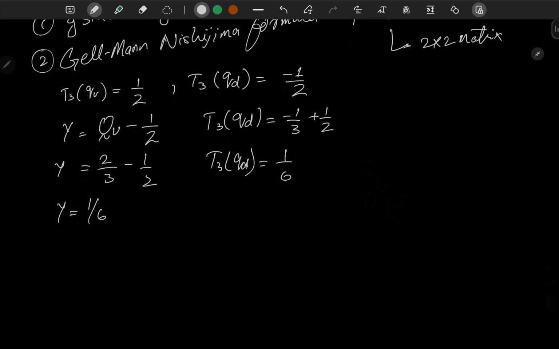So we can see that up and down state quarks have the same hypercharge, and we can also check that this formula also holds for leptons.